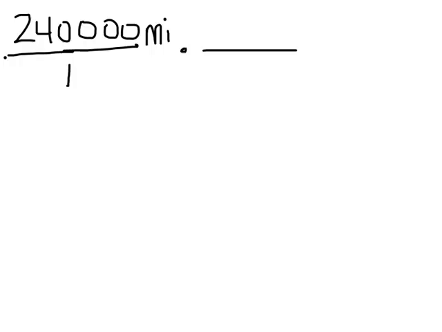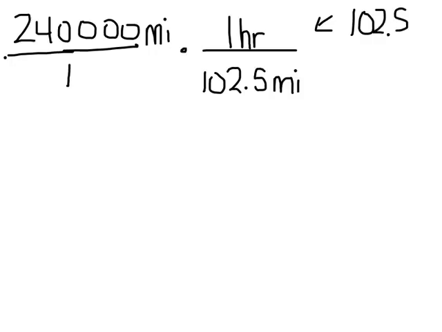So we're going to use how fast the beast can go. So the beast can go 102.5 miles per hour. Anytime you're given a rate, remember you can write that any of two ways. You can write it this way, or you can write it as I can go 102.5 miles in 1 hour. Both of those equal 1 and both can be used in conversion factors.